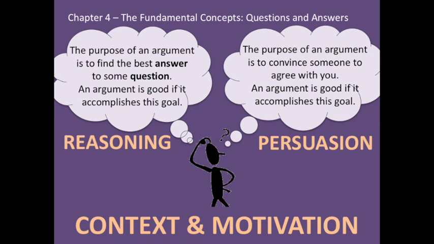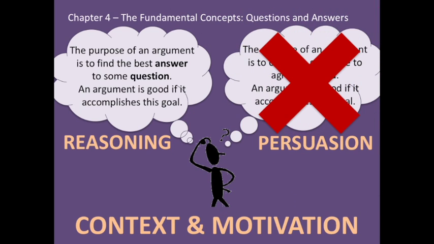But notice, you can persuade someone of something that is true, or you can persuade someone of something that is false. You may be equally persuasive in either case. But when it comes to reasoning, our reasoning is only effective if it actually leads us to what is true or correct. If we're trying to solve a problem and thinking through it carefully, our goal is to get at the right answer, not just an answer that is persuasive.